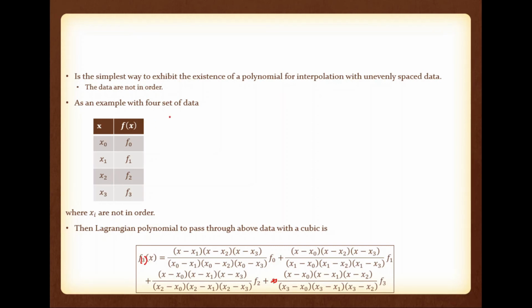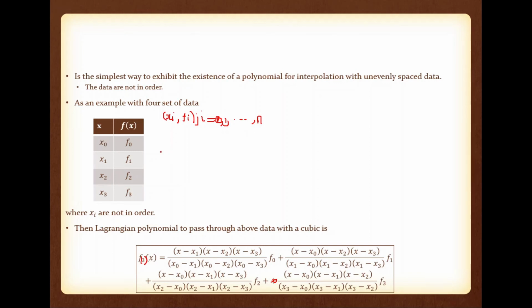So in general, if you have n plus 1 data, that is xi comma fi, where i is equal to 0, 1, 2, etc. n, meaning we have n plus 1 data, then we can fit the unknown function by using an nth degree polynomial.